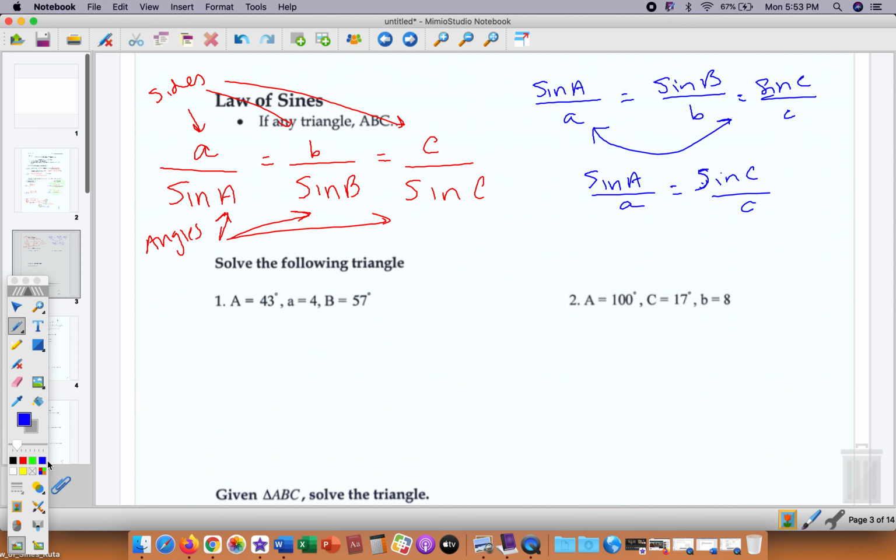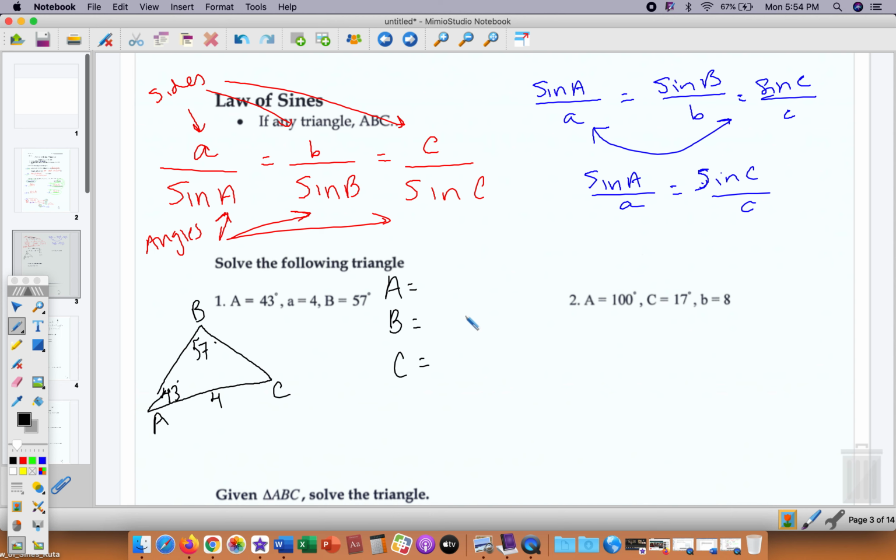So let's try this first one. We're not looking at right triangles. We're going to draw a picture. So let's set this picture up. We'll say that this is A, this is B, this is C. Big A, big B, big C are the angles.